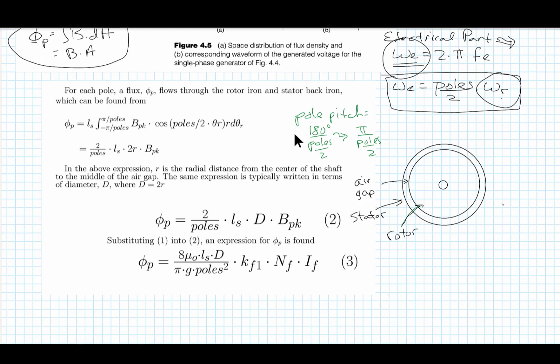And really, if it was a 2-pole machine, I'm kind of splitting it up in half. Over each side, saying that this is half of a pole pitch, and this is half of a pole pitch right here. This whole thing is the entire pole pitch.